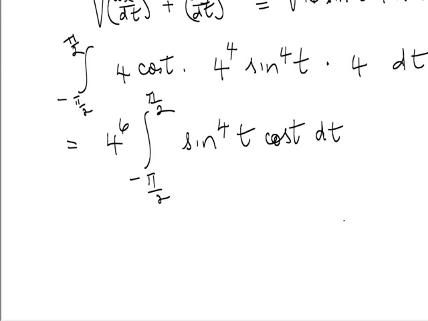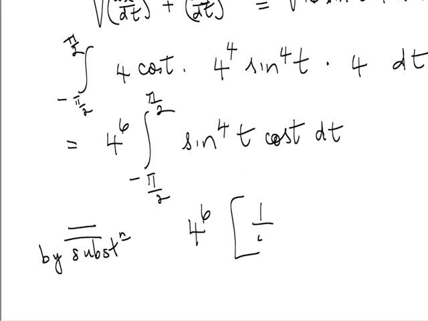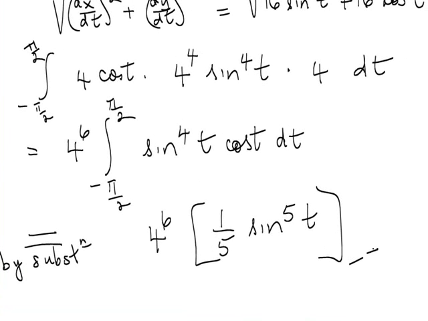How do you integrate this? By substitution, good. And you should be able to see what this is. When you integrate this, you get 1/5 sine to the 5 t from negative pi over 2 to pi over 2.